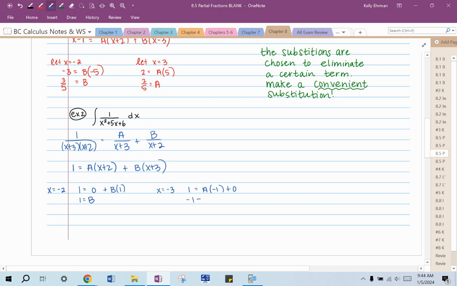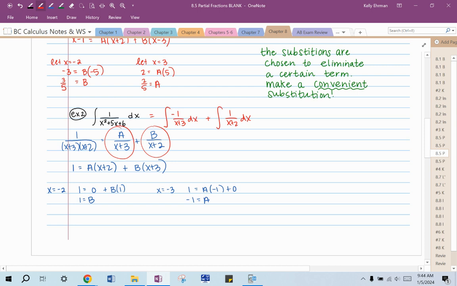So a is -1. And then just be careful about putting these back into the integral because you have to look back here. A went over x plus 3. So it's -1 over x plus 3 dx plus the integral of 1 over x plus 2 dx.